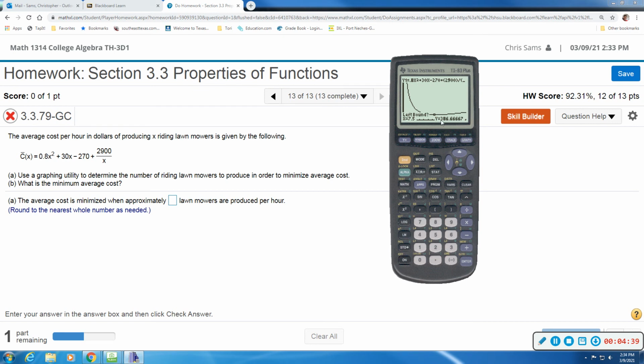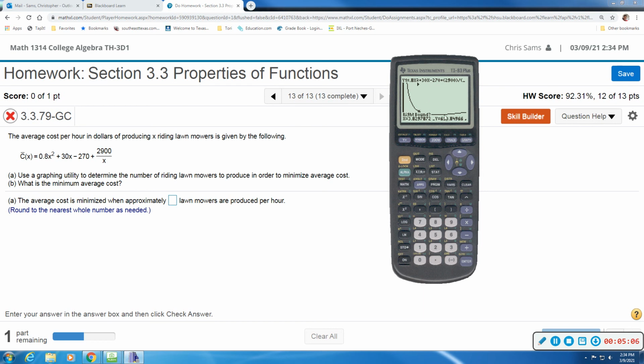Watch the Y value as it changes. So it's 386. I'm going to be just arrowing left. It's going up. It's still going up the whole time. So I know that I'm to the left of that divot, so I should be higher than the minimum. So I'm just going to hit enter. I'm somewhere to the left.